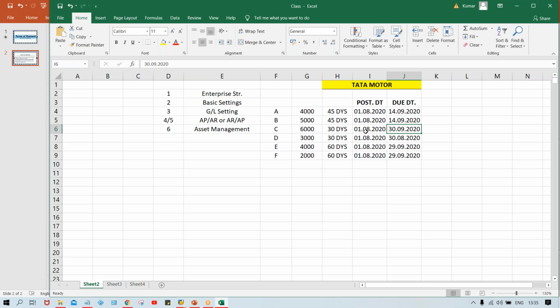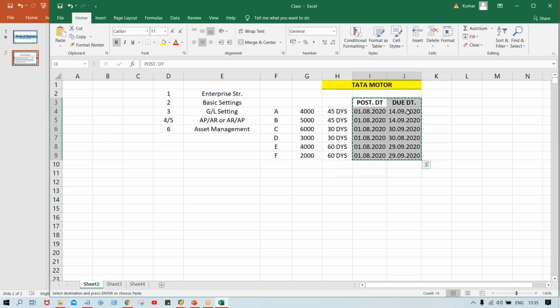Why? Because in SAP we have a configuration called terms of payment, or payment terms configuration. If you configure these payment terms, they are going to be assigned directly to the vendor master. So what is the benefit?